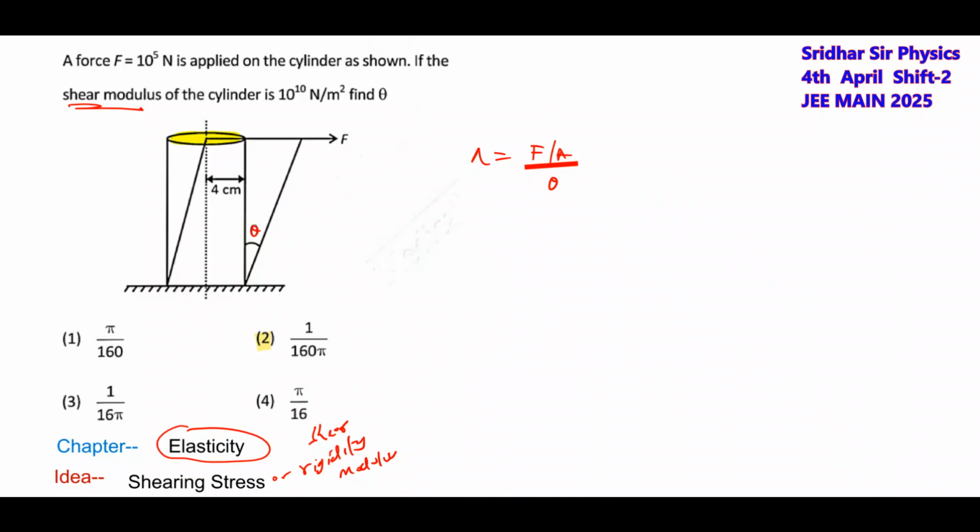Eta is given as 10 to the power of 10, force is 10 to the power of 5, area of cross section is pi r square, 0.04 whole square, into this theta. Solve for this theta. Theta will be in radians, 160 by pi. Then we take the next question.